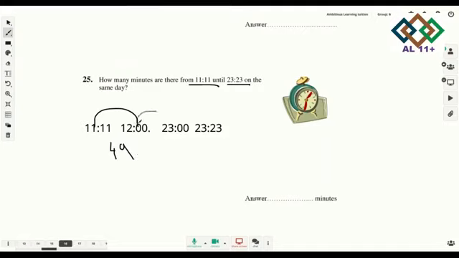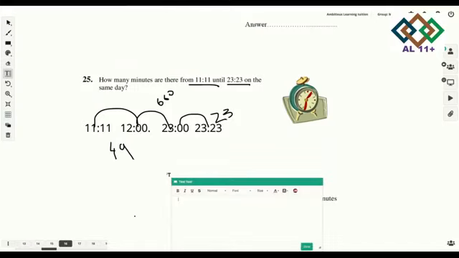And from 12 to 23, it's 660 minutes, plus 23, they're only 23 minutes. So I just need to add all these minutes now, what I found out. So I'm just adding what I got. 660 plus 49 plus 23.